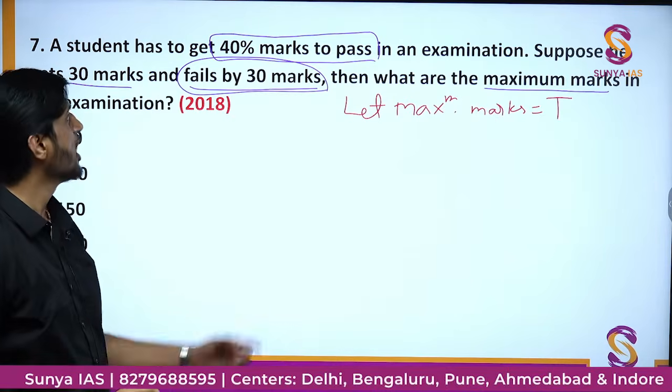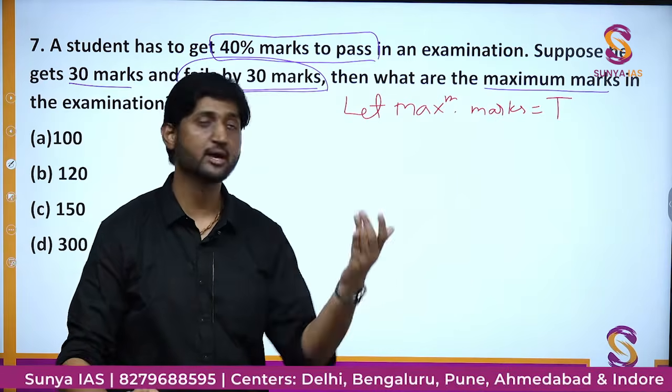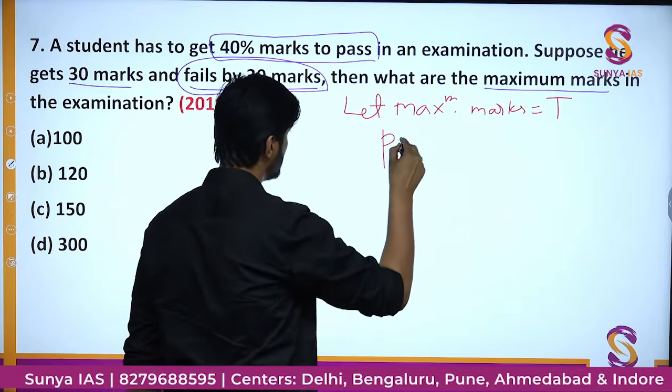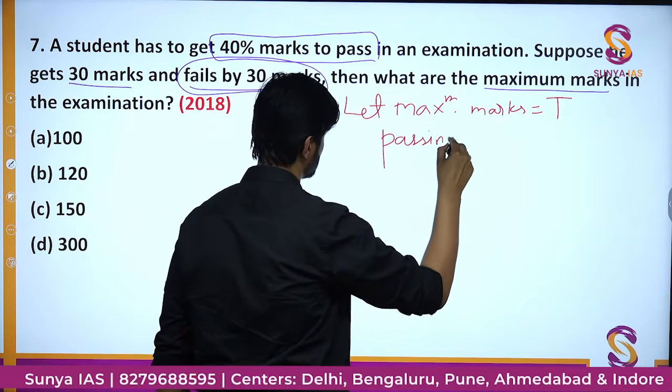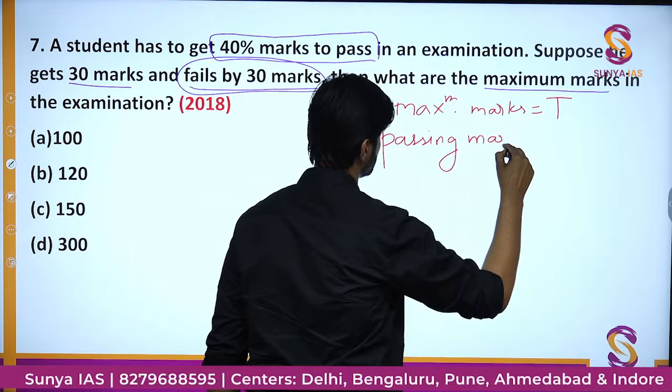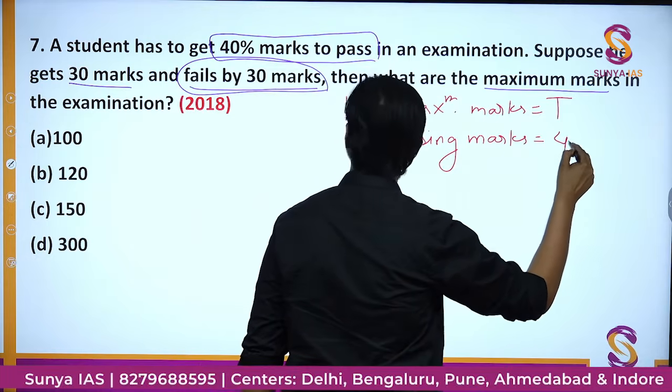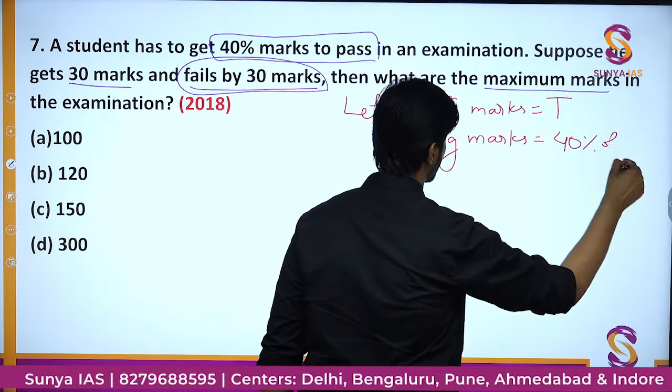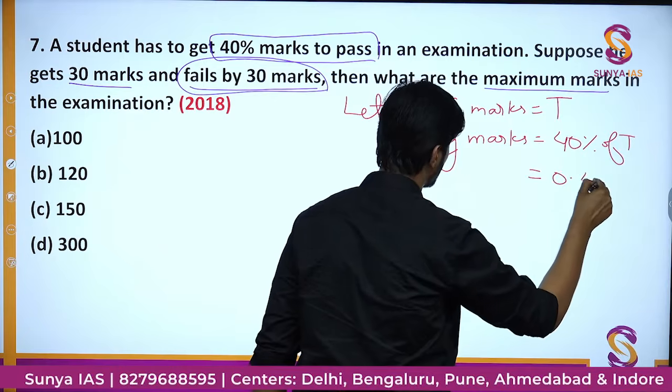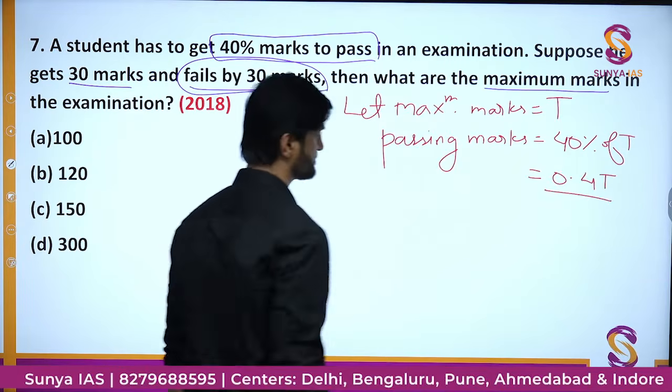Okay, how much marks do you need to pass the exam? So passing marks would be 40% of T, that would be 0.4 T, right?